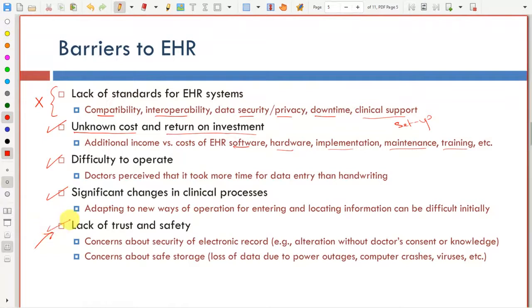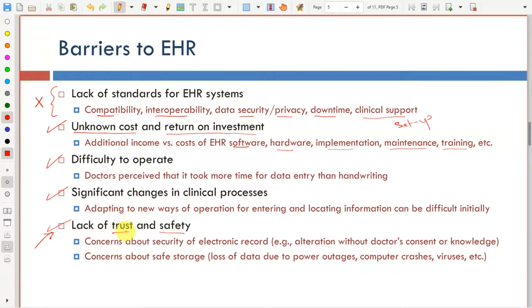The thing that we talked about at the beginning, because of the comment of your colleague, was a basic lack of trust and safety. Trust meaning: is this the same data that I stored? Nobody played with it, okay? Whenever you store something in electronic form, you have suspicions that somebody might change the data. For example, maybe some hacker went and accessed that data and changed the lab results.